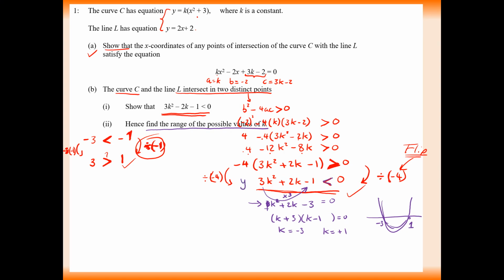So we're looking for this section, so k has to be less than 1 and bigger than minus 3. There is no equality sign here, so I'm not going to put an equality sign in my answer. If there was, you could have put equality signs here and here.